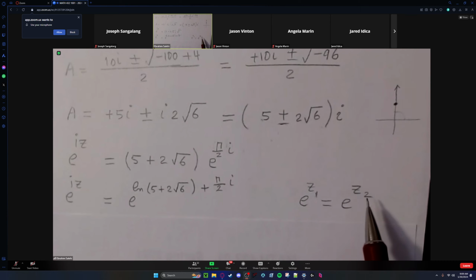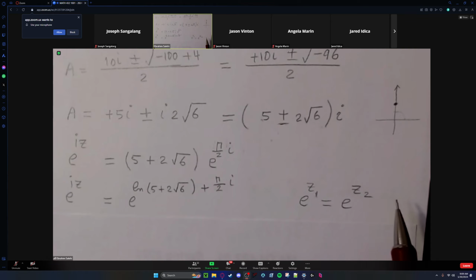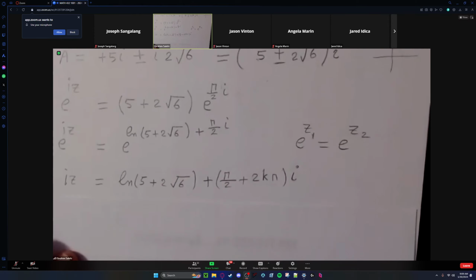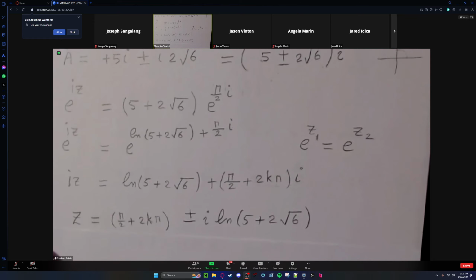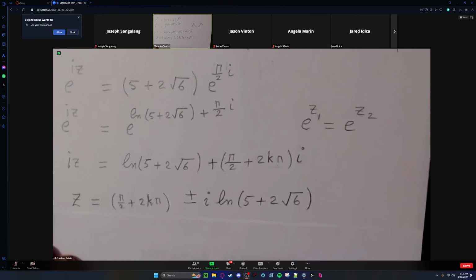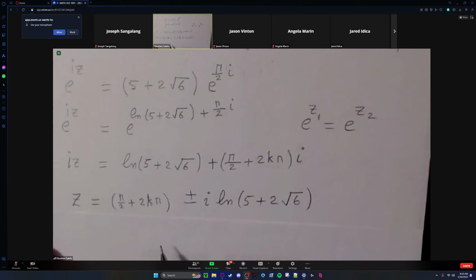That's just one solution. In general, you have to say z1 is z2 plus 2k pi i. That is what we are going to do here. So iz is this. And you divide by i. That z is going to be right here.